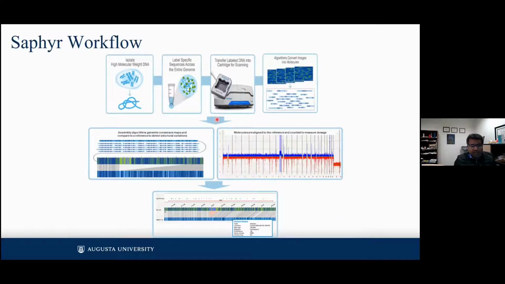The Saphyr workflow, if you are not aware of it, the key thing is isolation and characterization of high molecular weight DNA, labeling of that entire genome, transferring the labeled DNA to the cartridge, and then assembly and analysis of the genome. I want to take you through some of the really cool cases which we have investigated.